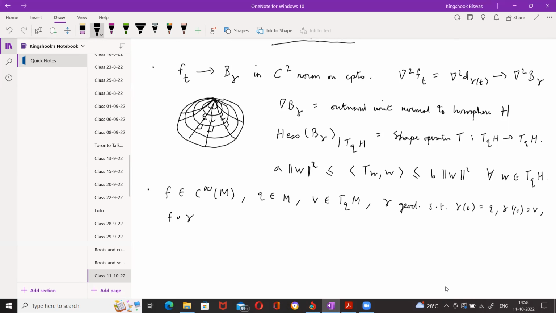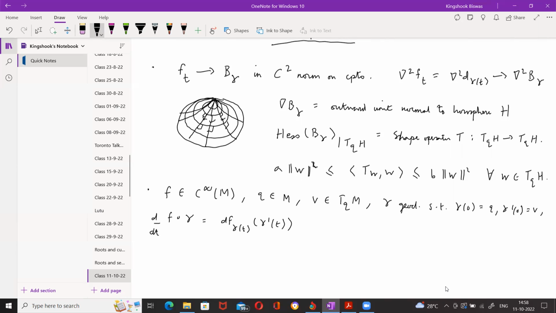So what is d/dt of f composed with gamma? This is equal to, by the chain rule, df at gamma t applied to gamma prime t, right? Yes, this is the chain rule.